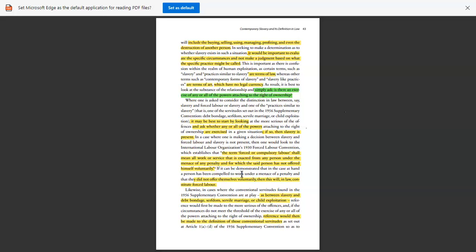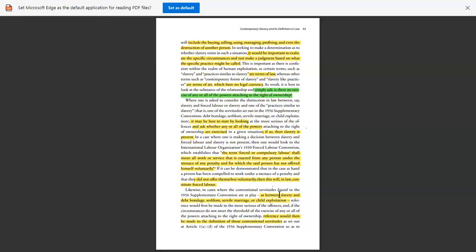So they've got other terms. Forced labor, involuntary servitude, is as much a crime against the Constitution in Michigan as slavery, or again, practices similar to slavery.